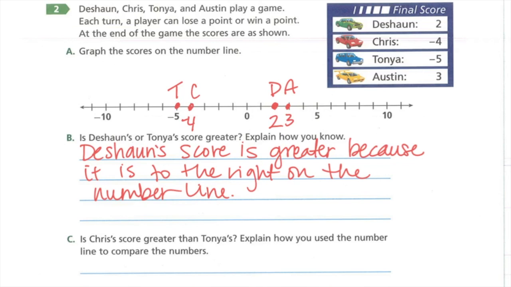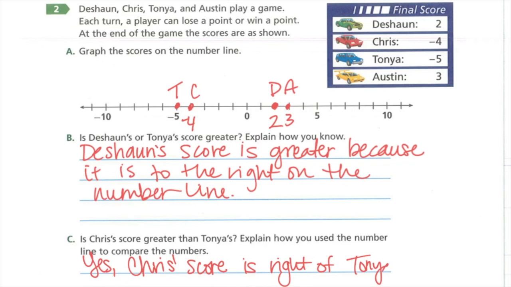Is Chris's score greater than Tanya's? Well, is Chris to the right of Tanya? Yeah, he is. So Chris's is greater. So yes, Chris's score is right of Tanya's, so it is greater.